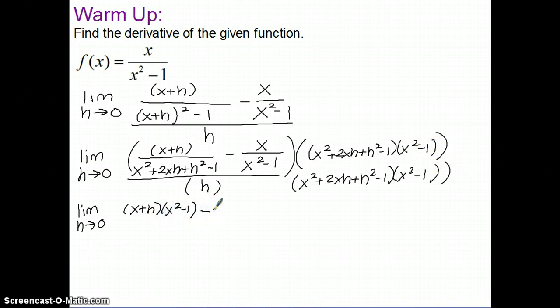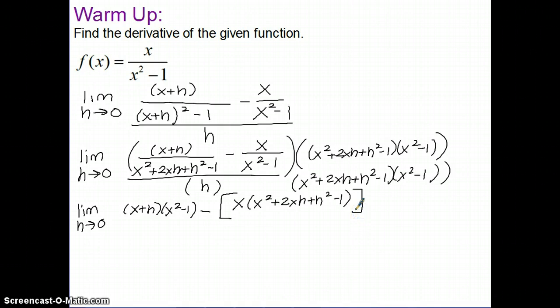Now, I know that whatever comes next has to be in parentheses, so just as a helpful reminder to myself, I put a bracket here to say whatever I'm going to subtract, that negative has to get to everything after I'm all done. So I multiply this times this. The x squared minus 1's cancel out, and I'm left with x times this larger part here, x squared plus 2xh plus h squared minus 1.